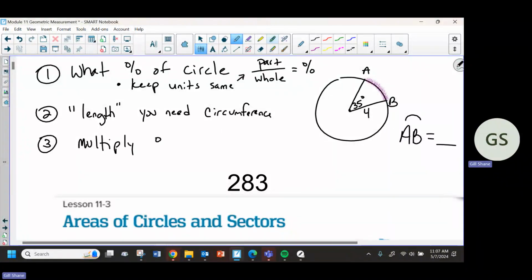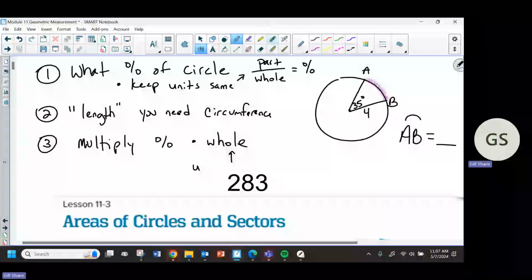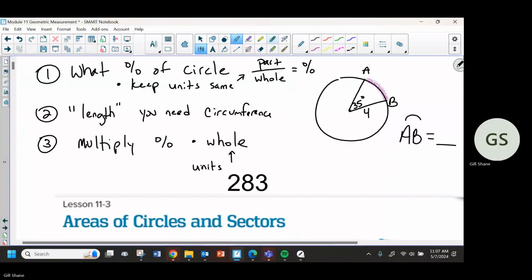We multiply the percentage times the whole, and the whole is the units we are converting to. If it was length, we'd multiply by the whole circumference in centimeters, meters, whatever. If it was degrees, we'd multiply by 360. If it was radians, we'd multiply by 2 pi. Whatever units we're converting to is the whole.